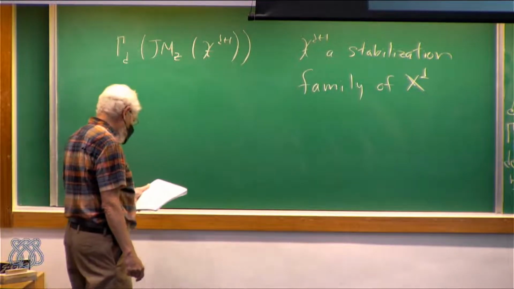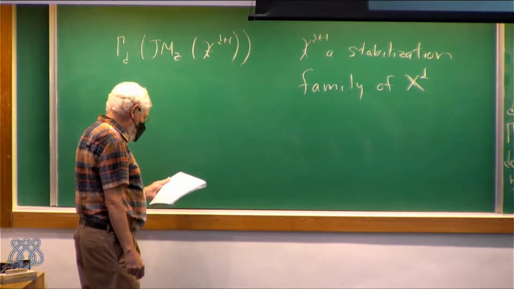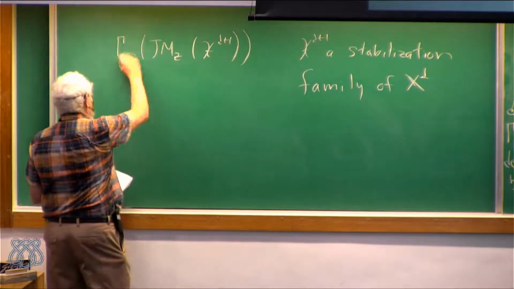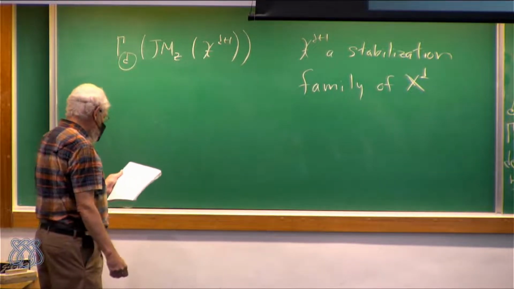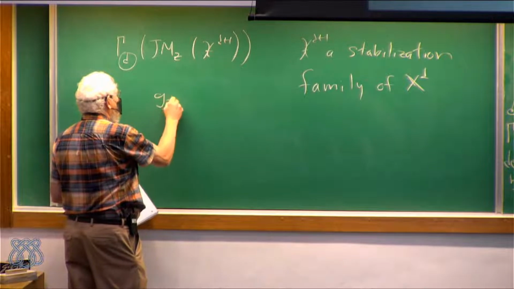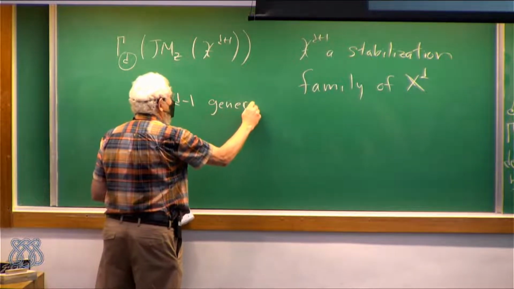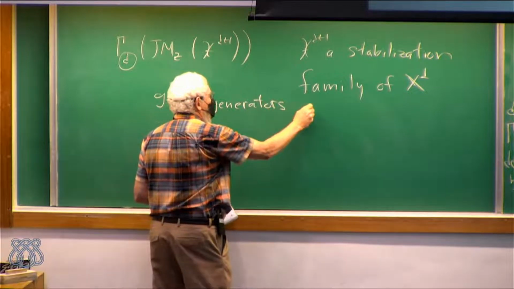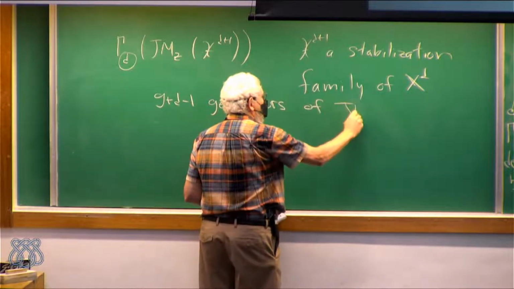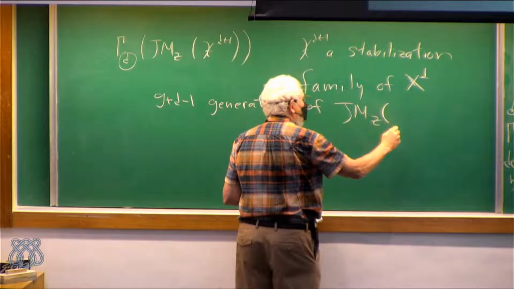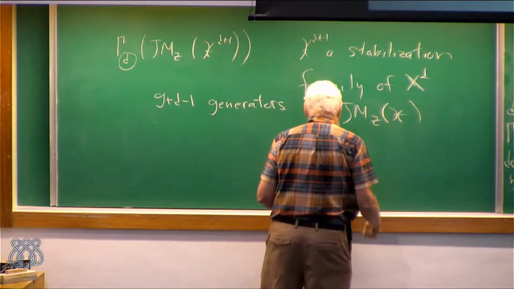Now, we want to calculate this. So we take g plus d minus 1 generators of the Jacobian module with respect to Z of curly X.